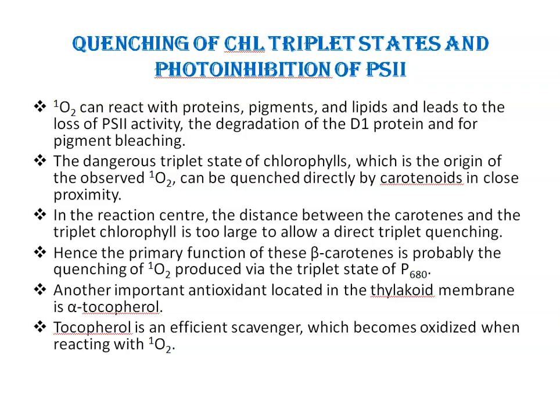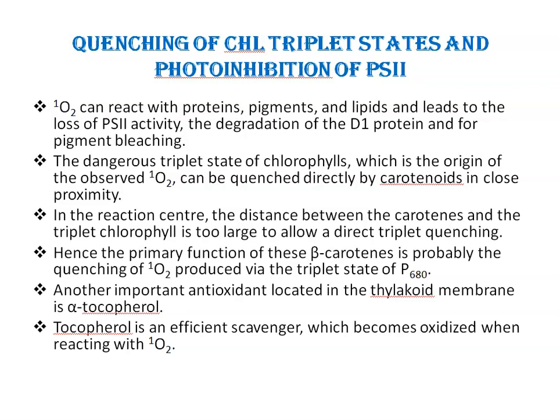So, the dangerous triplet state of chlorophyll, which is responsible for the formation of singlet oxygen, can be quenched directly by carotenoids in close proximity. Now, in the reaction center, the distance between the carotenes and the triplet chlorophyll is too large to allow direct triplet quenching. Hence, the primary function of the beta carotenes is probably the quenching of singlet oxygen produced by a triplet state of P680.